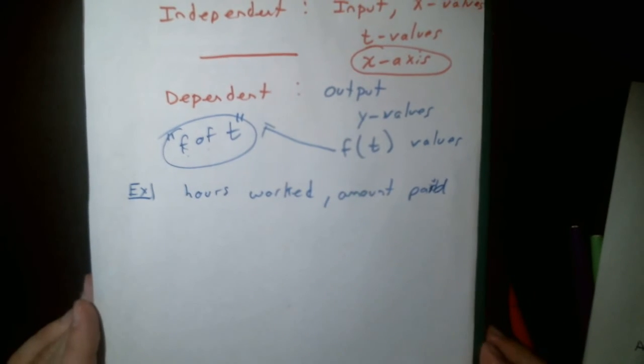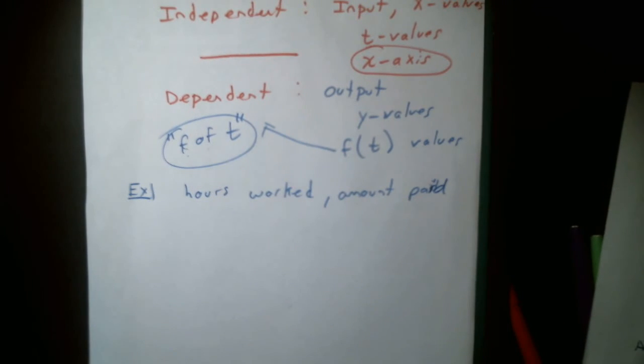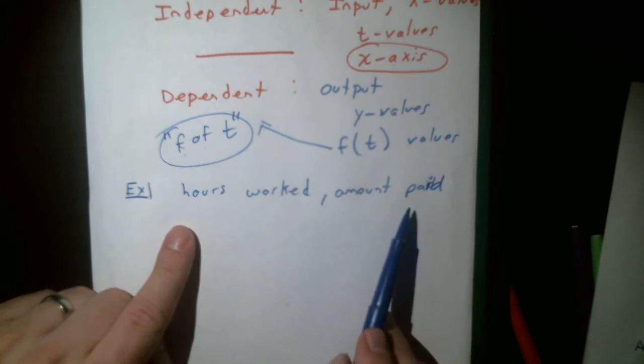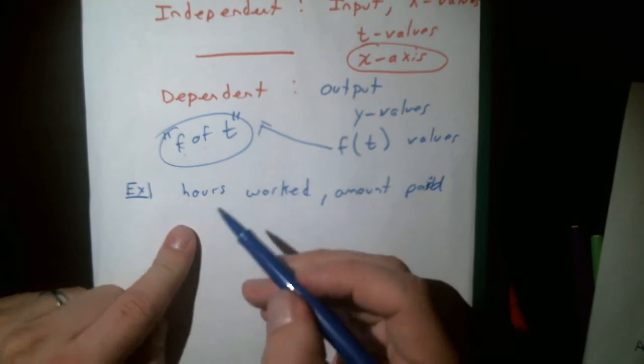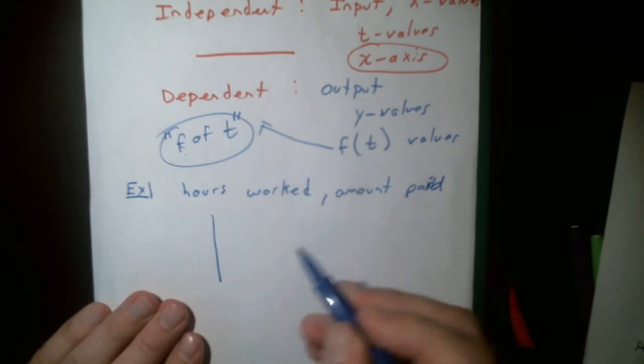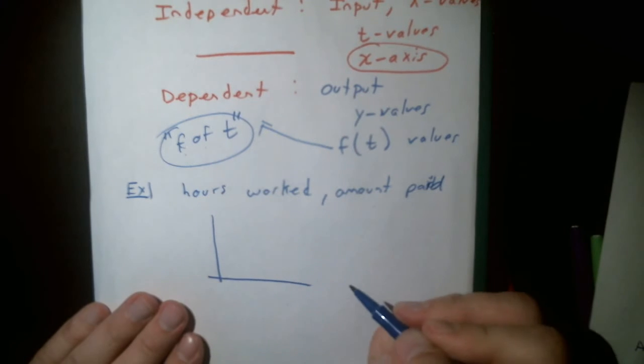What's the x? What's the input? What depends on what? Does hours worked depend on amount paid? Well, you're thinking, yeah, if I worked a certain amount of hours, I get paid. So let's make a little graph. You don't have to go a whole lot into this.